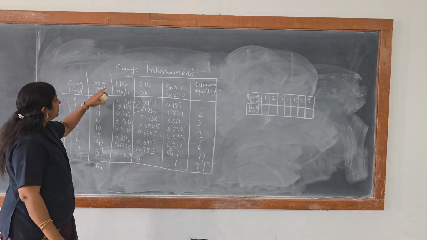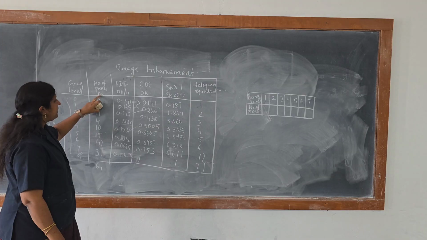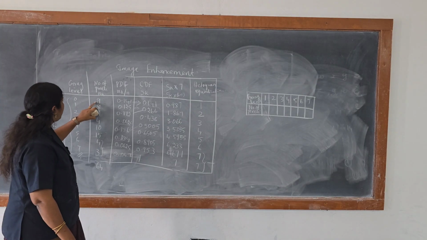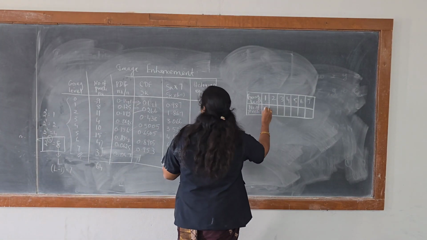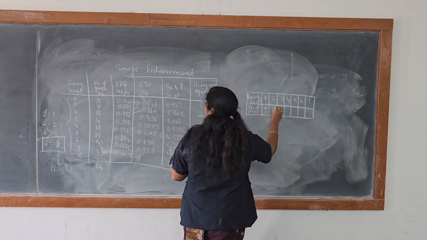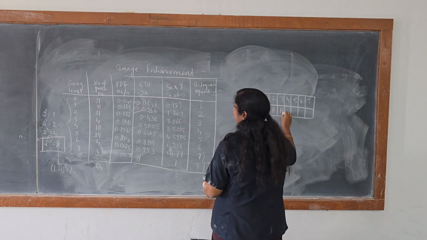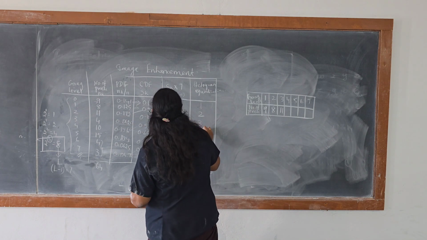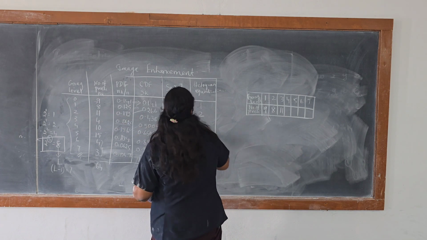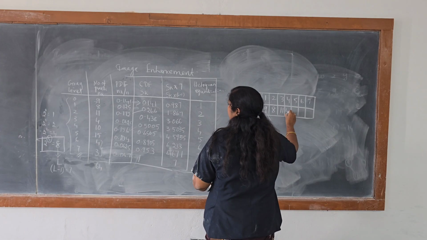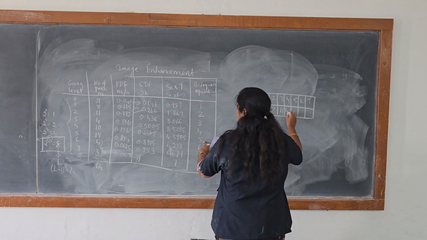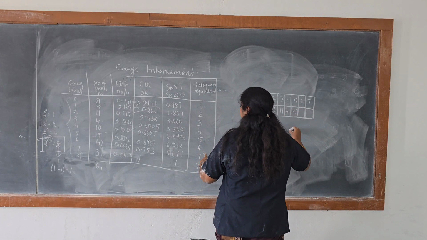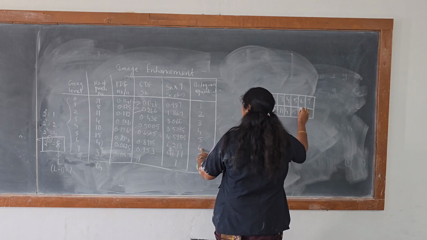And the number of pixels, that is n of k, is for 1, 9, for 2, 8, for 3, 11, 4, it is 10, for 4 it is 4, for 5 it is 15, and for 6 it is 4.